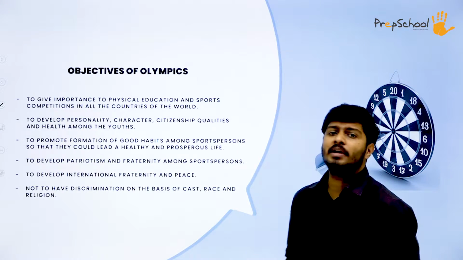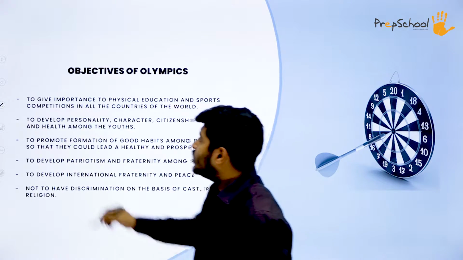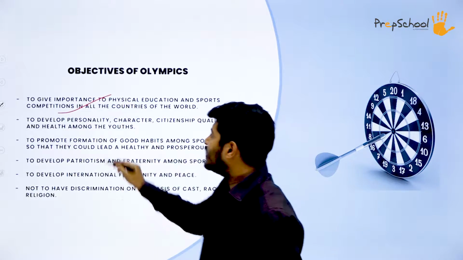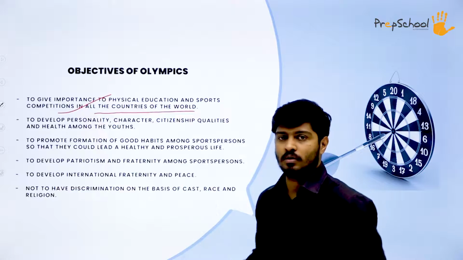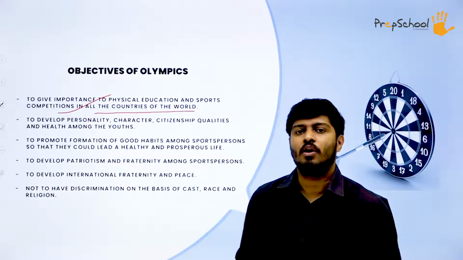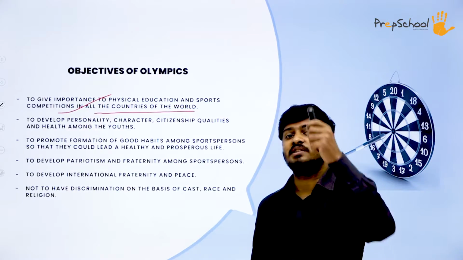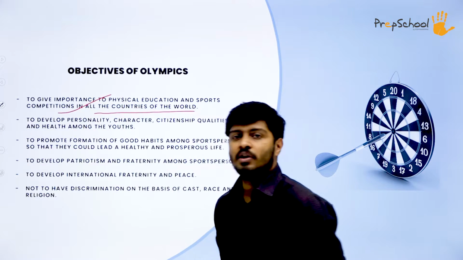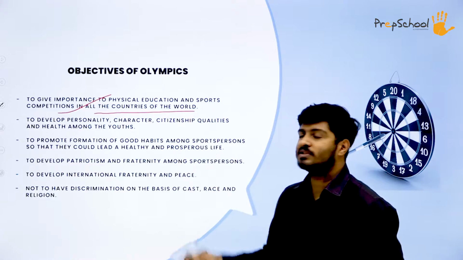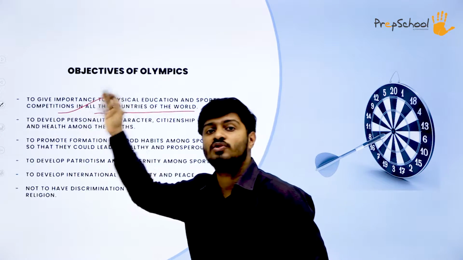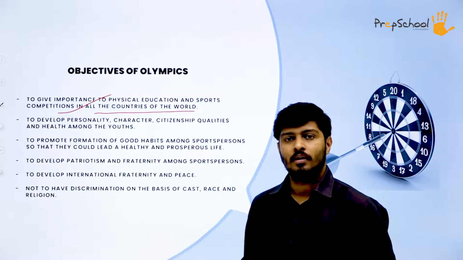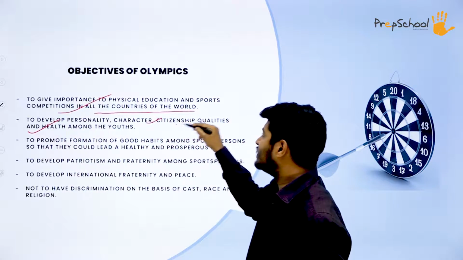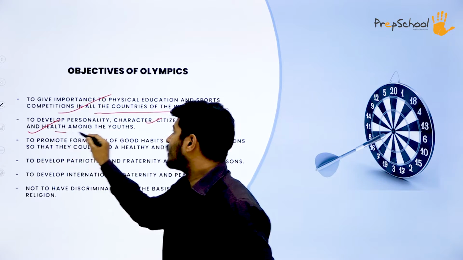So what are the objectives of the Olympics? First, to give importance to physical education and sports competition in all countries of the world. Second, to develop personality, character, citizenship quality and health among the youth.